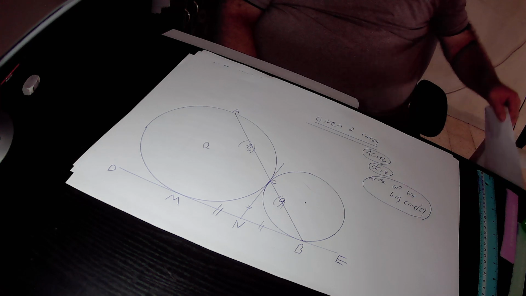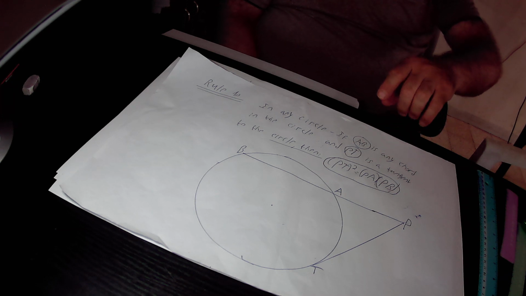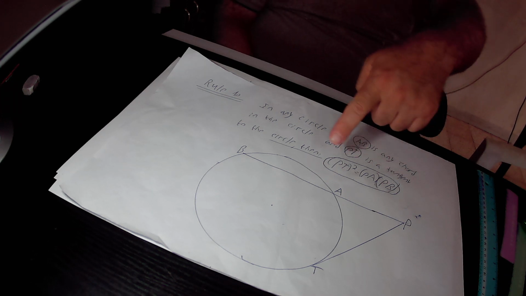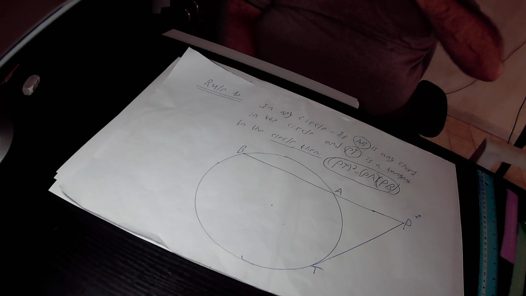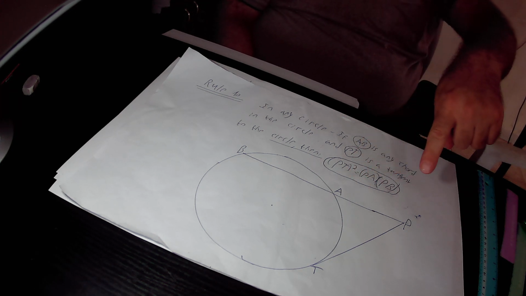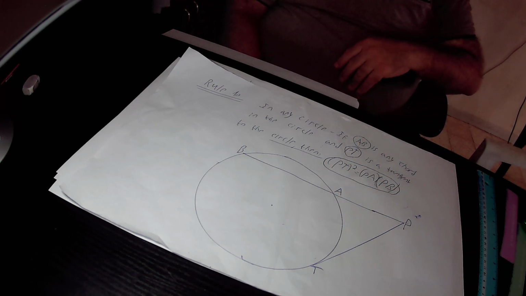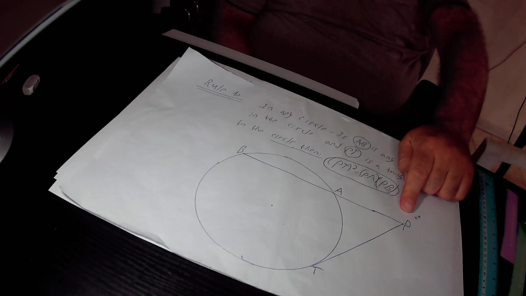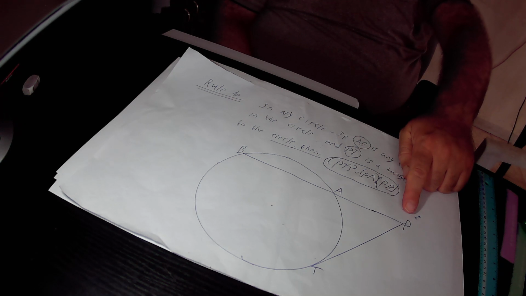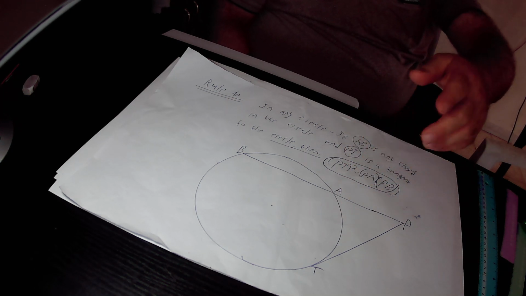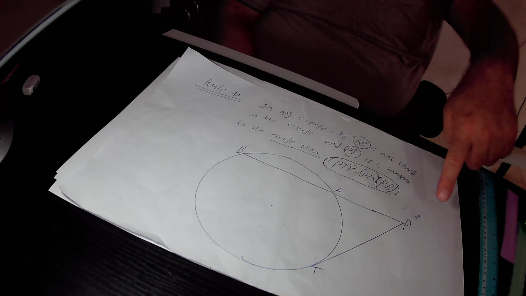So let me quickly take rule 10. According to rule 10, which is true in any circle, if AB is any chord of this circle, and PT is tangent to the circle at point T, so if from the same common starting point P we have chord AB, and also tangent PT, then the following equation is true: PT square equals PA times PB.